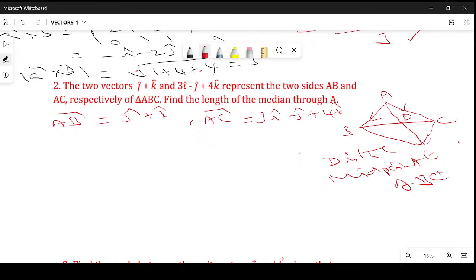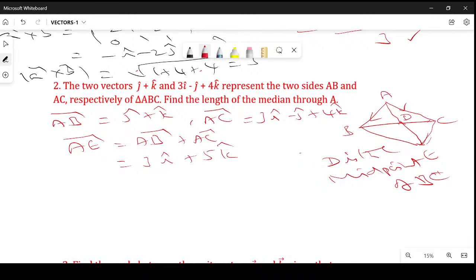Now A is the diagonal of this parallelogram. So what can I find here? AE bar is AB bar plus AC bar in a parallelogram. I can write AE bar equal to AB bar plus AC bar. Then add these two vectors: 3I cap, plus J cap minus J cap, then 5K cap.